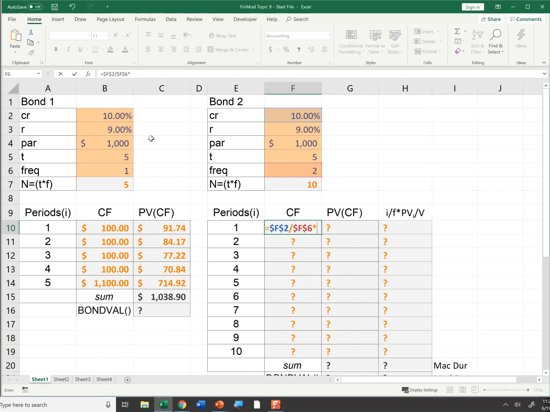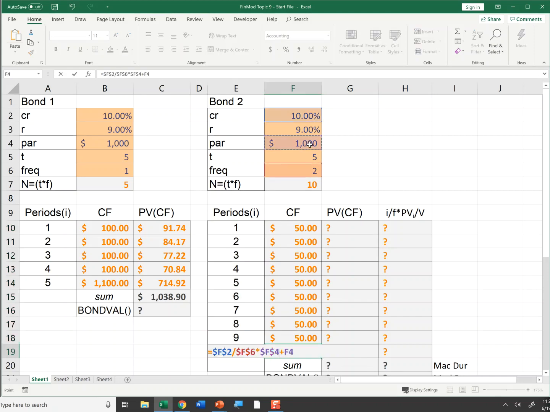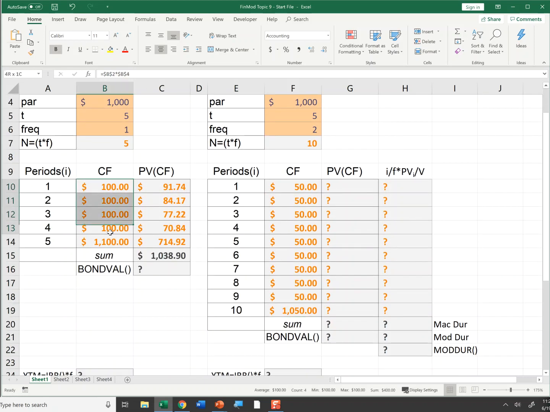I'll then multiply that times my par, and what this bond receives is $50 every 6 months. So each one of these periods is a 6-month period. On the last one, we're going to add back the par. Both these bonds make the exact same amount of cash flows. This one just happens to pay 6 months apart and not 1 year apart for the coupon payments.